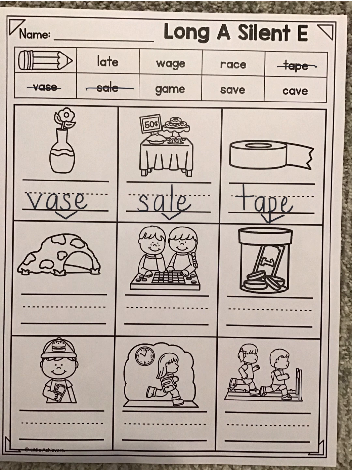Our next word is a picture of a game. G-A-M. Please write the word game underneath the picture of the boy and girl playing a game.